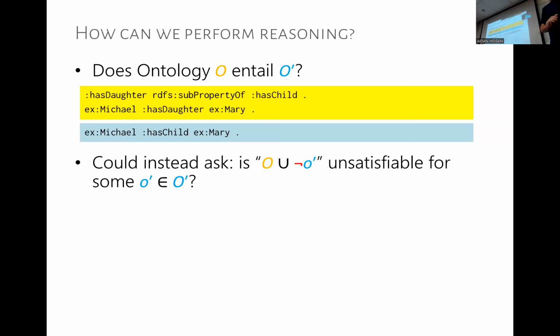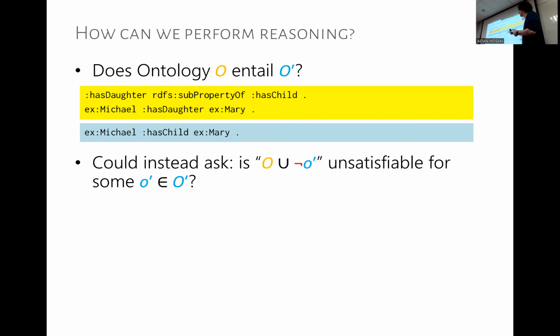What we can do is reduce entailment down to unsatisfiability. So what we can instead ask is, if we add to O the negation of some element of O prime, is it unsatisfiable? If so, it means that O entails O prime. So if we negate this and say Michael does not have child Mary, add it to the ontology and check, is that unsatisfiable?